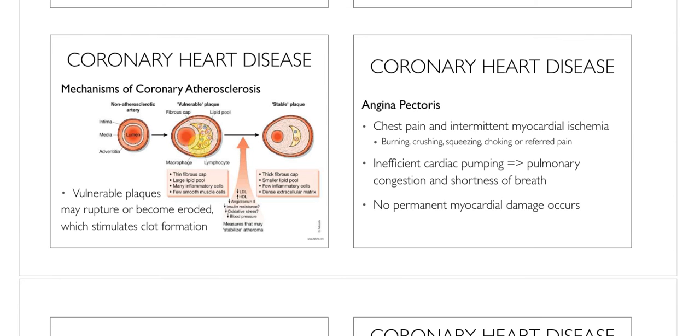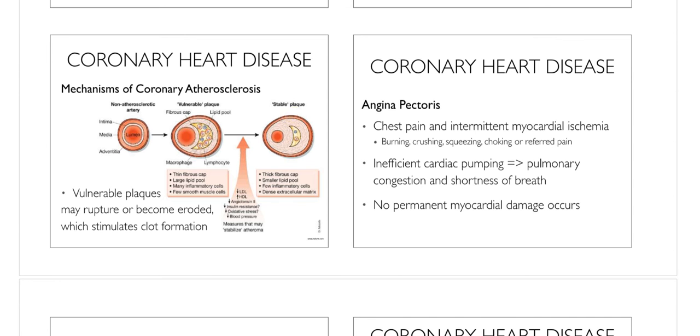So this right here is a lipid pool that's got macrophages and lymphocytes, amongst other things, as well as this fibrous cap that is developing around it to try to protect the lumen from all of this material. The fibrous cap is also to try to hold all of this together to prevent it from flowing off somewhere. It's considered a vulnerable plaque because this fibrous cap is relatively thin. So all of this stuff, if this were to break, would easily make its way into the vasculature and lead somewhere downstream to create an occlusion.